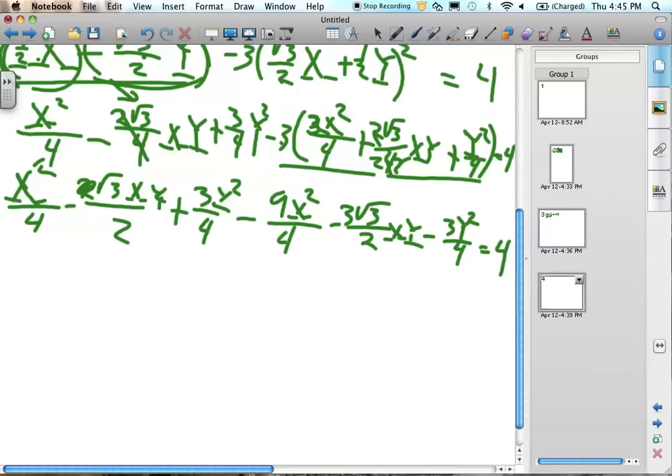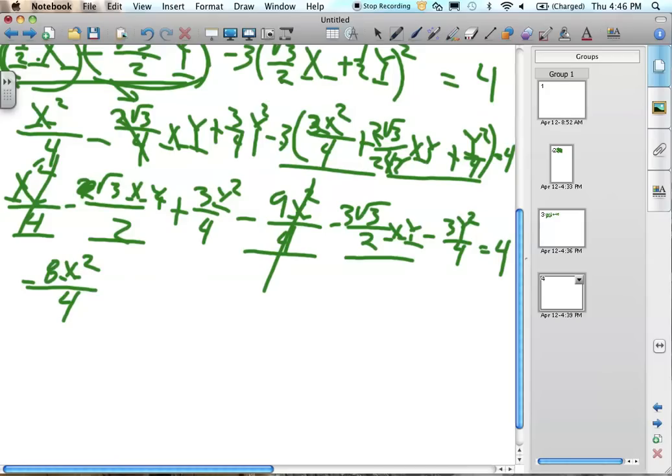Now I collect all of my like terms. So I've got x squared over 4 right here minus 9 x squared over 4. That will give me a negative 8 x squared over 4. I've done those. Now I'm going to collect my xy terms. So I've got a negative square root of 3 xy over 2, and I'm going to subtract 3 square root of 3 xy over 2.